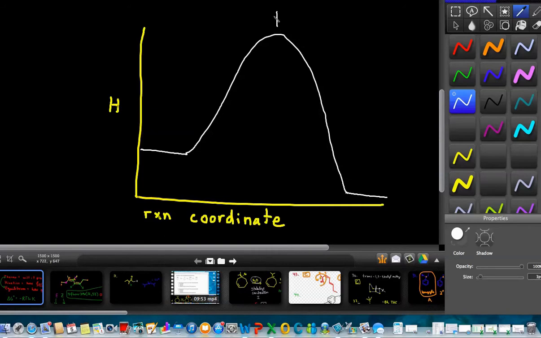This is our transition state. Of course, energy of reactants, energy of products. The difference between the energy of reactants and energy of products is the delta H. This is an example of an exothermic reaction because delta H is equal to the H of products minus the H of reactants.